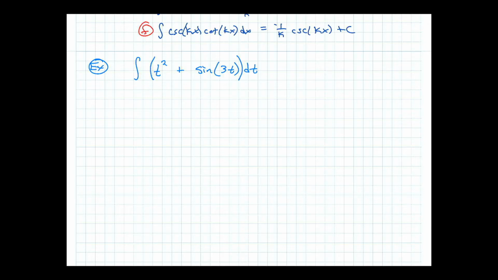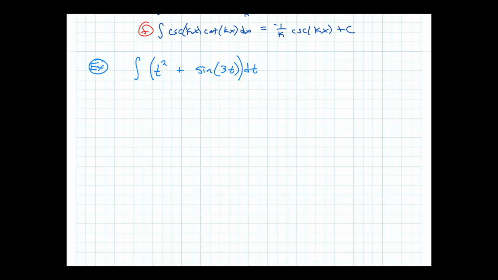You should notice certain things about this. The dt is telling you the variable's t. That matches this t and this t. Also, the dt is technically on both of these because of the parentheses. It's always going to be like that.